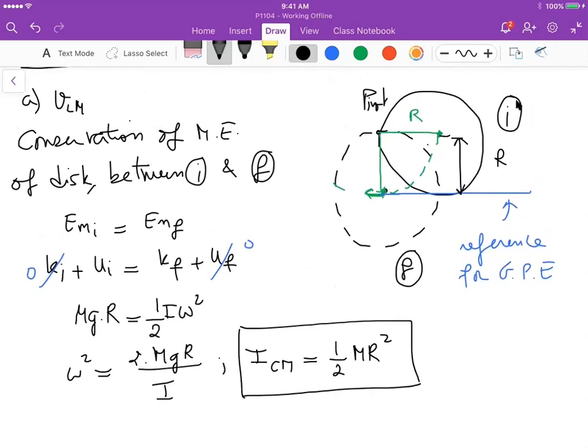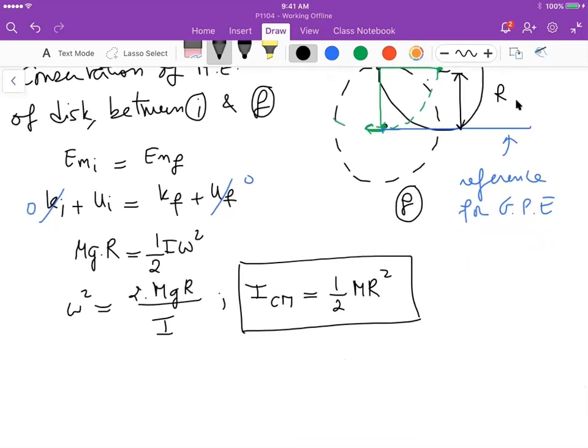It's rotating about this point, which is on an axis parallel to the axis passing through its center of mass. It rotates around this point, the pivot, and this point is at a distance r from the center of mass, with the axis parallel to the axis through the center of mass. So we have to apply the parallel axis theorem. According to it, the moment of inertia about the pivot is I center of mass plus the mass of the disk multiplied by the distance d squared between the two axes.